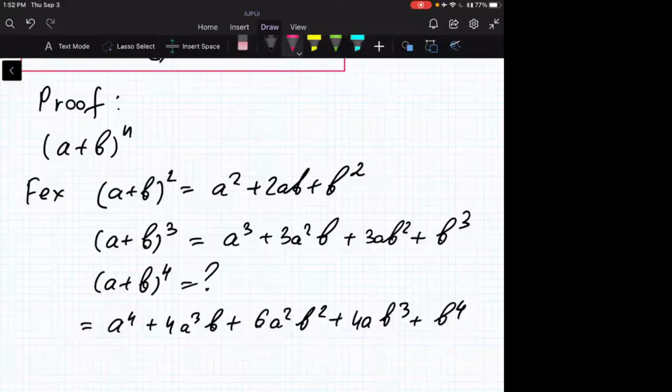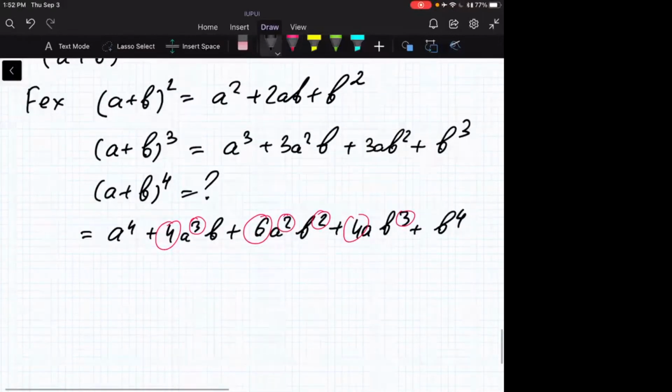But the question is how to calculate. You can guess what is the pattern of the powers. So their sum should be equal to 4. But the question is, what are the coefficients?